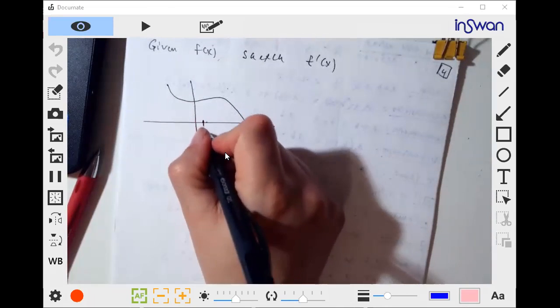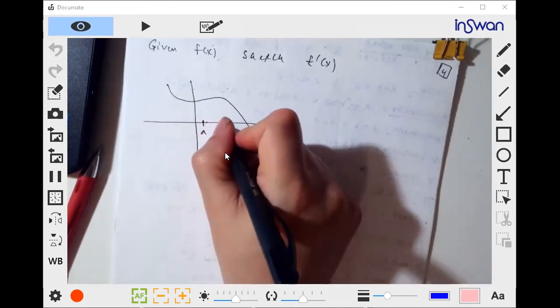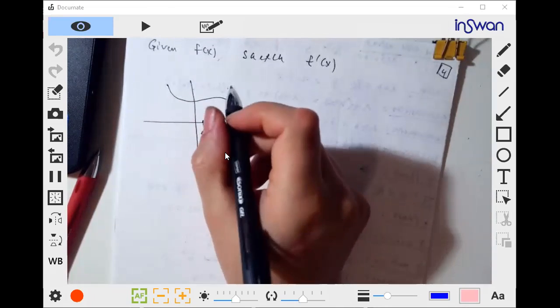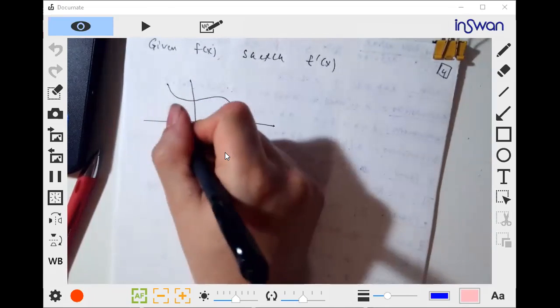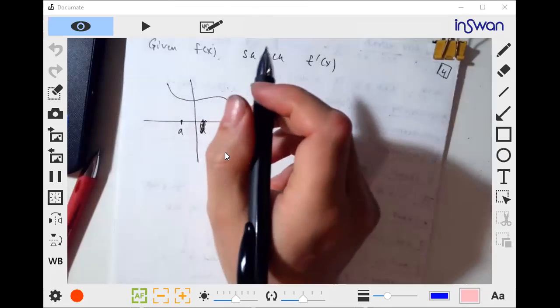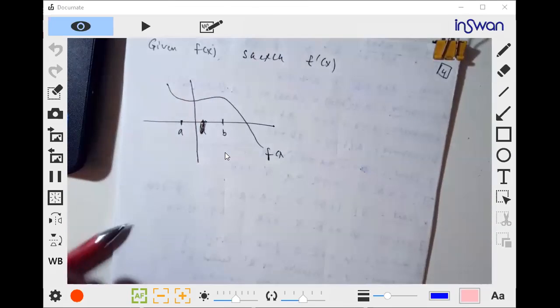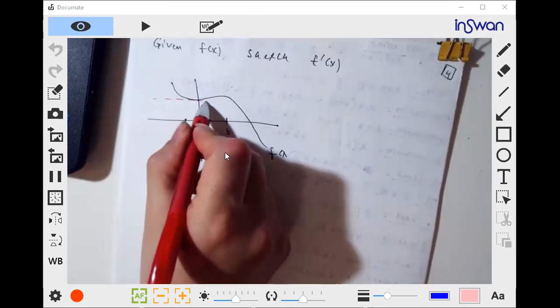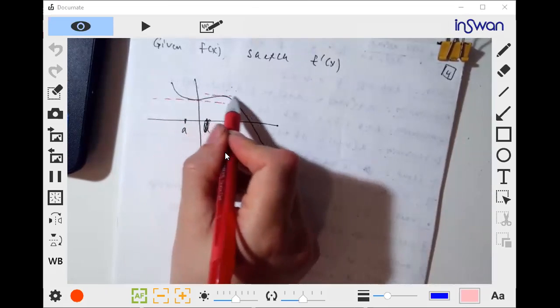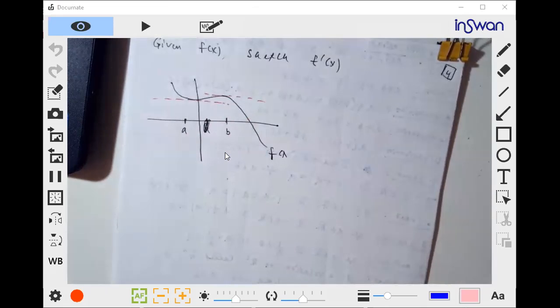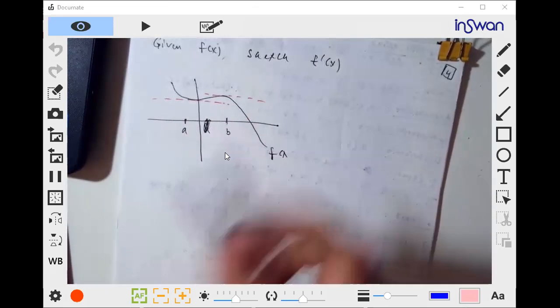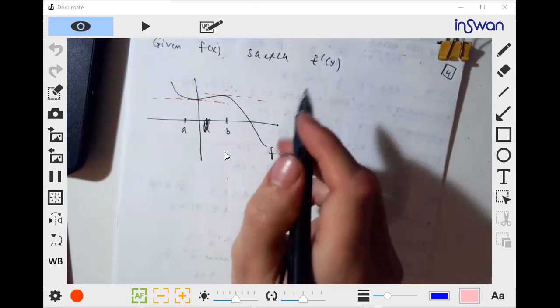I want to call this point A right here, and this point B, because there's a horizontal tangent here and a horizontal tangent here. So we know that at A, f of A, and at B, f of B, there's a horizontal tangent.